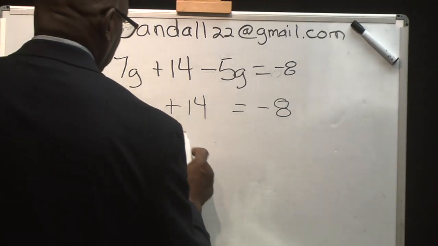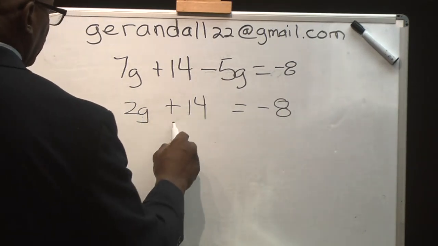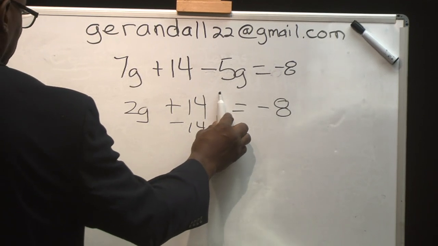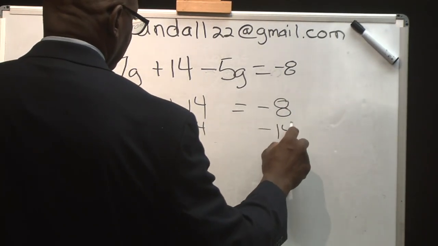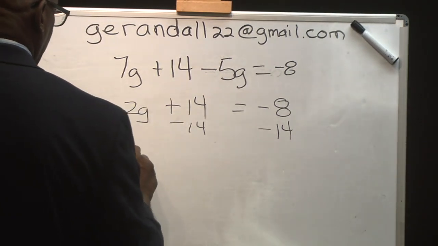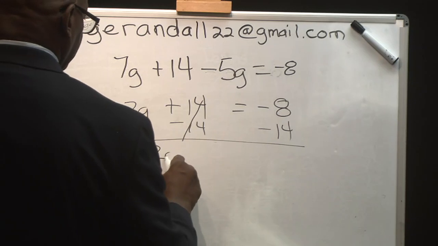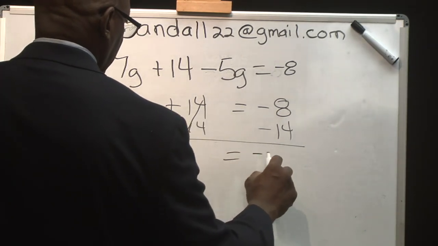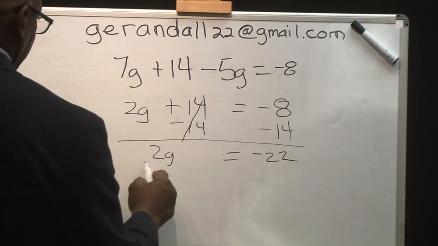We have to get these terms together, or coefficients. We subtract 14, and whatever we do to one side, we must do to the other. Adding down, we got 2g. This cancels itself out, and that's minus 22. How do we undo multiplication?